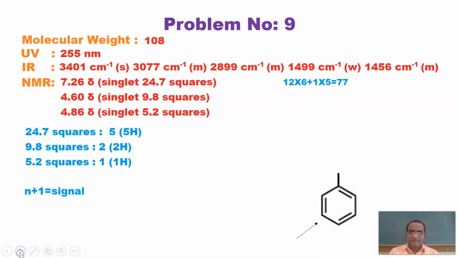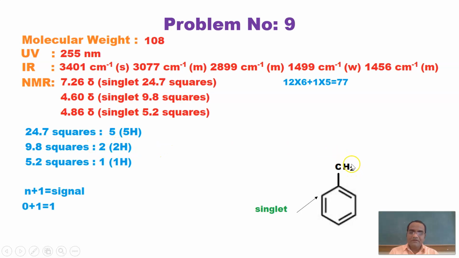After that, it will show a singlet, as it is given in the data. See, the next signal, that is 4.60. So 4.60 means it has a benzylic proton. The benzylic proton comes in that region, and according to the square, it has 2 hydrogens.